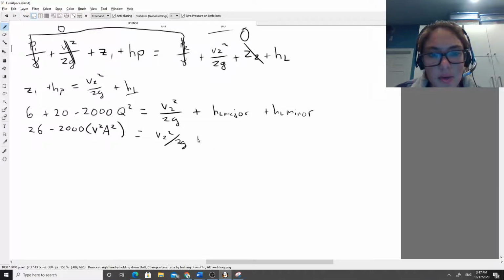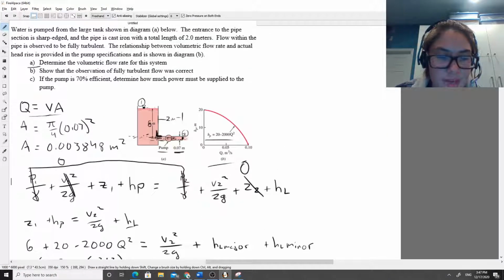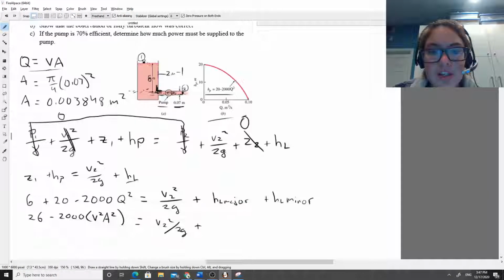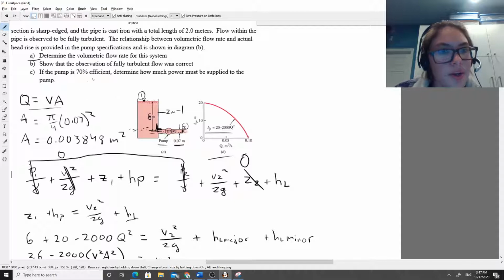And when I talk about major head loss, I mostly talk about the majority of the area that the fluid is rubbing up against that slows it down. So our equation for major head loss, when the flow is fully turbulent, which again, they let us know that it's fully turbulent, which is really useful.